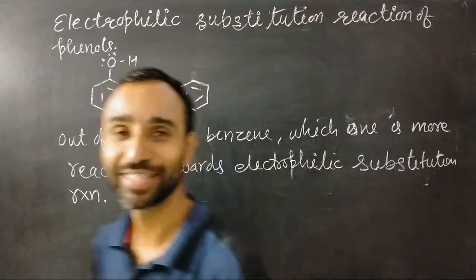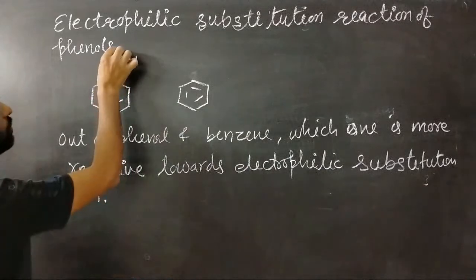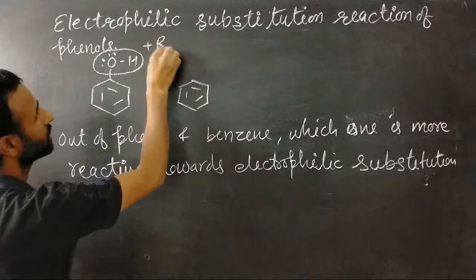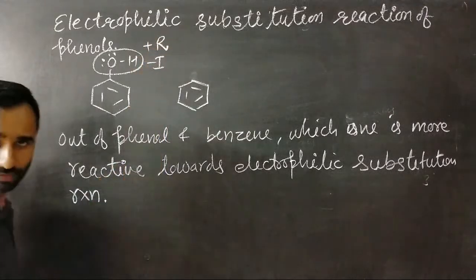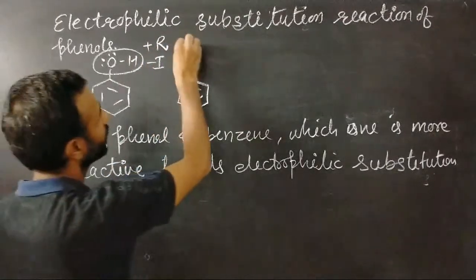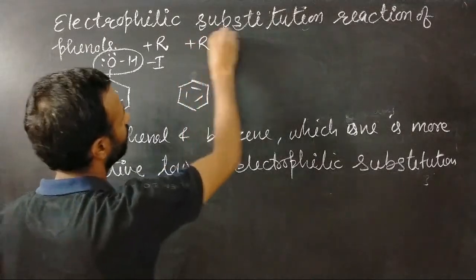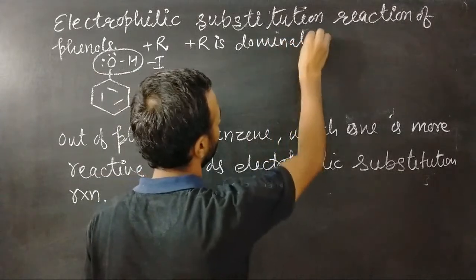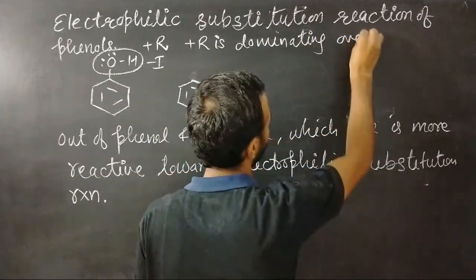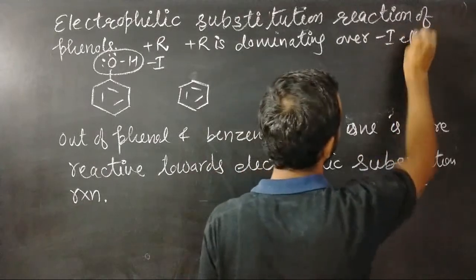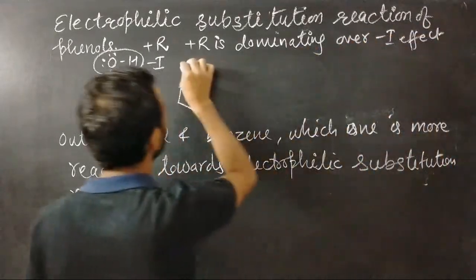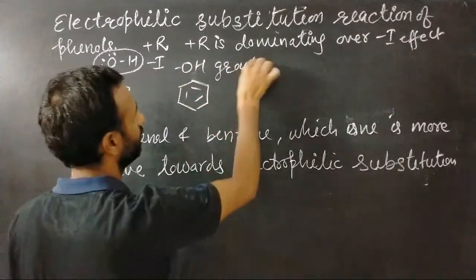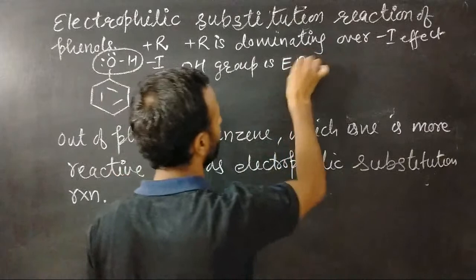In phenol, the OH group has plus R and minus I effect, and plus R is dominating over minus I effect. So overall the OH group is an electron releasing group.